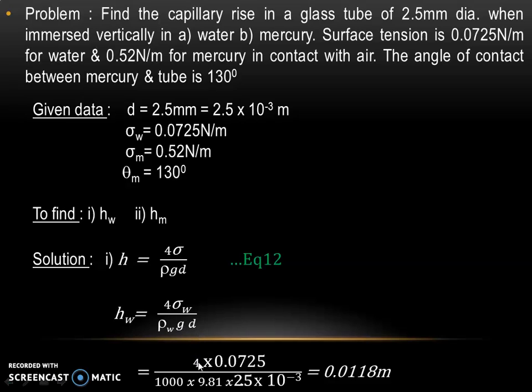So 4 is written as it is and surface tension for water is given as 0.0725 divided by density of water is 1000, g is 9.81 and diameter of tube is 2.5 into 10 raised to minus 3, which will give us the value of capillary rise as 0.0118 meter.